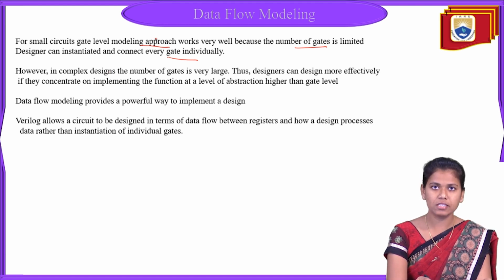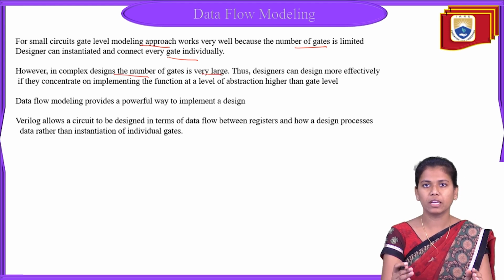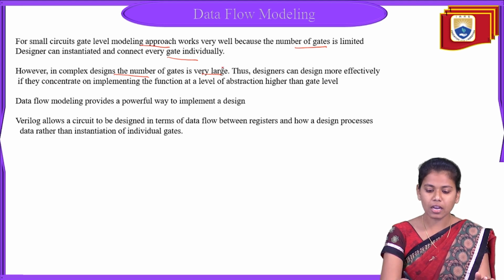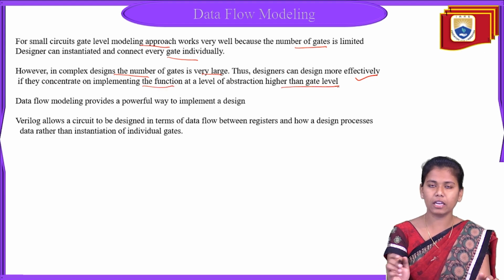However, in complex designs the number of gates is very large. In small designs the number of gates would be very few, whereas in complex designs the number of gates is very large. In this case, designers can design more effectively if they concentrate on implementing the function at a level of abstraction higher than the gate level.